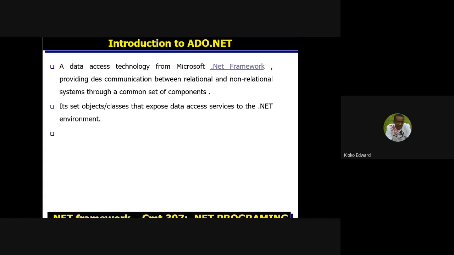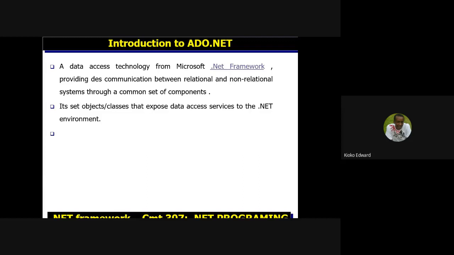From those classes, you can determine whether you are defining a connection, or whether you are executing a certain statement in your relational or non-relational database. So it's simply a set of objects or classes that will be exposed by the .NET framework or by the .NET environment.